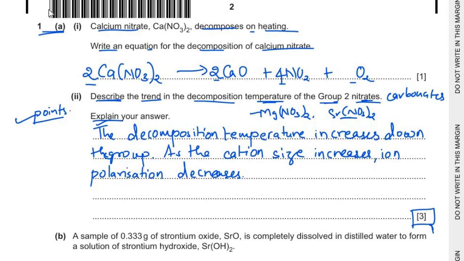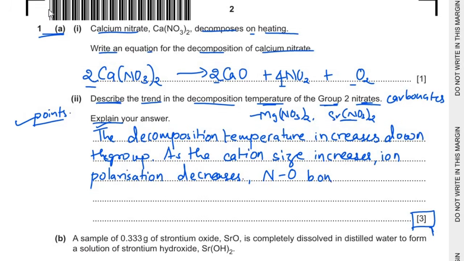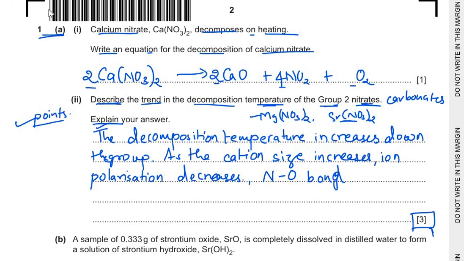So ion polarization decreases, and because of that the N-O bond gets stronger. That is inside the nitrate ion. If the covalent N-O bond gets stronger, it's difficult to break it and decompose it.